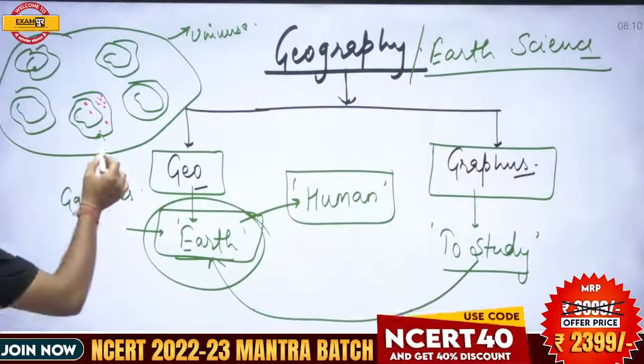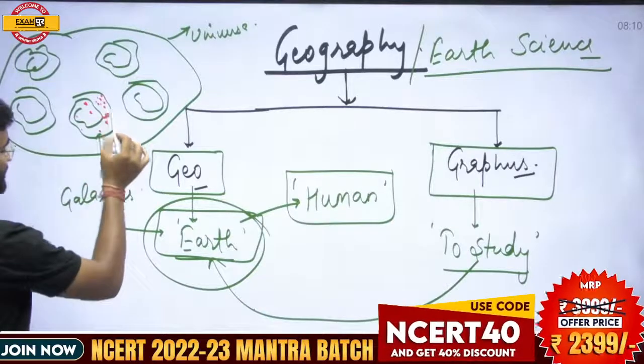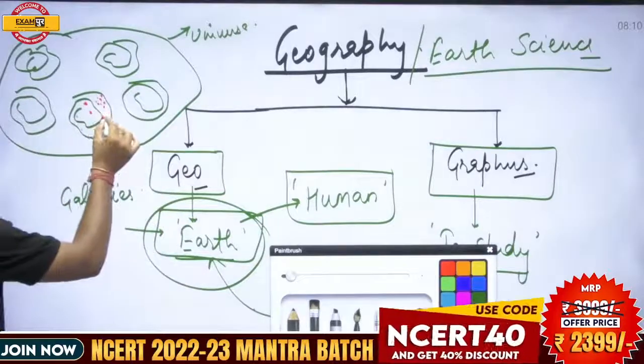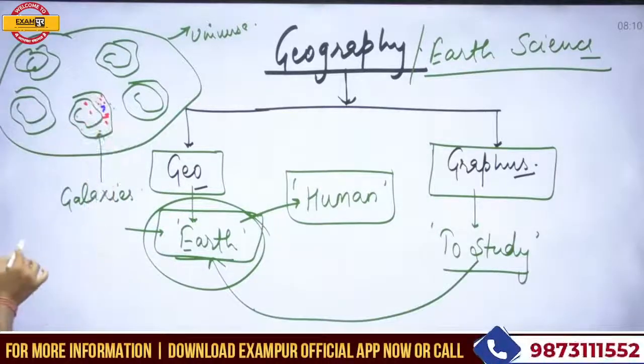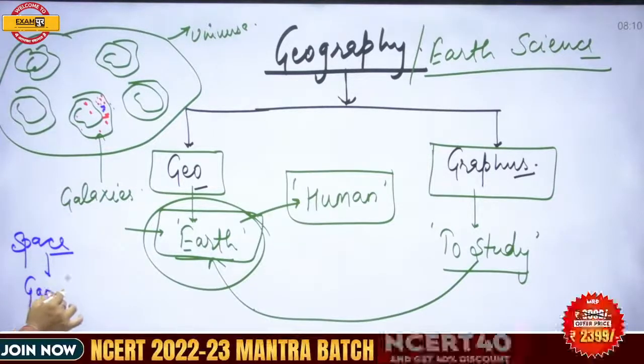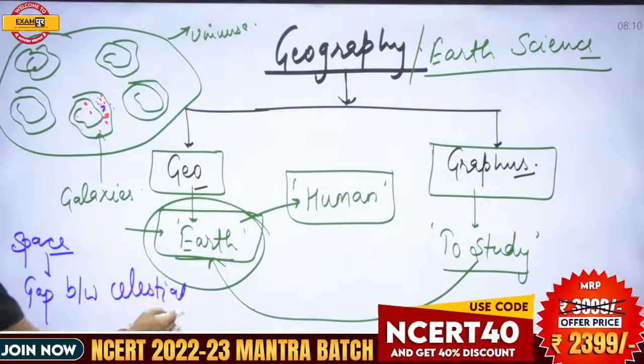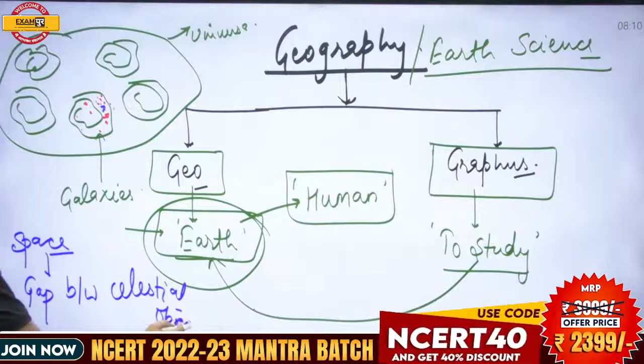Okay, so space is basically the gap between the celestial objects. What is space? Space is the gap between the celestial objects. The gap between celestial objects is called space.